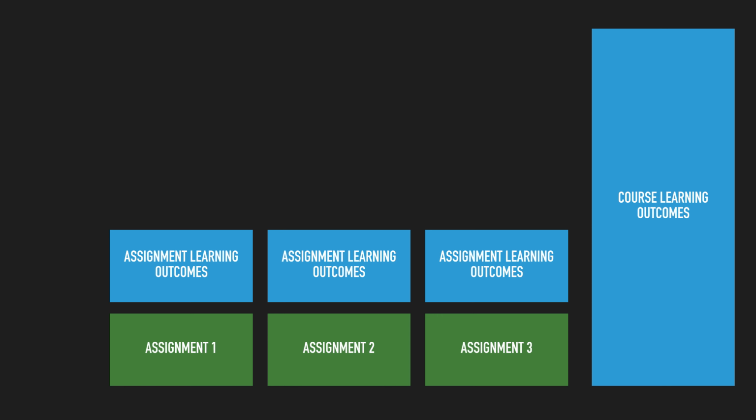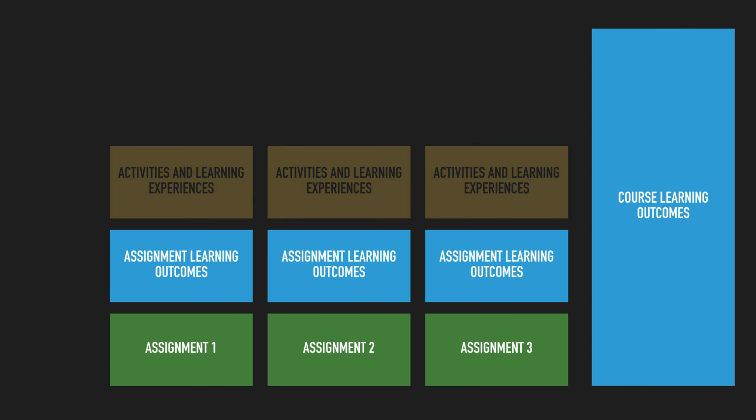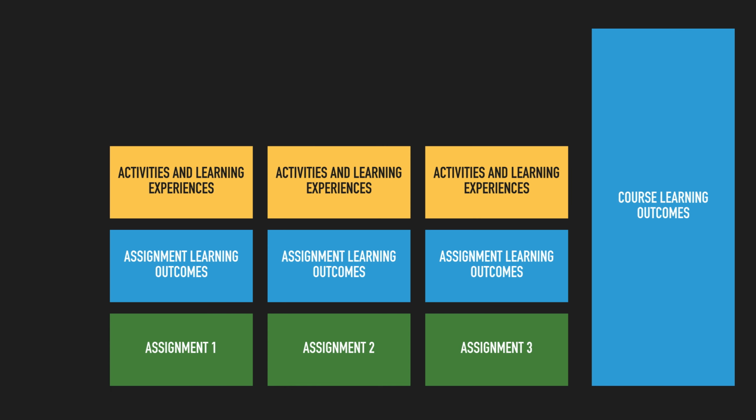So now we have broken down our assignment learning outcomes into steps for each assignment. From there, we begin to think about how do we help the students progress toward those learning outcomes. So in a sense, it's kind of a modular model, because you have learning outcomes within learning outcomes.